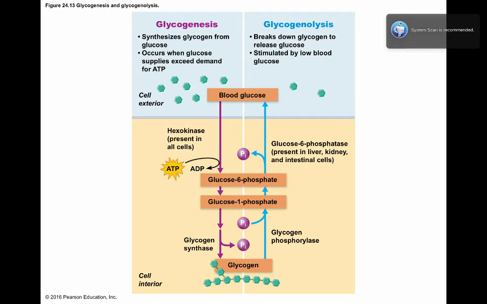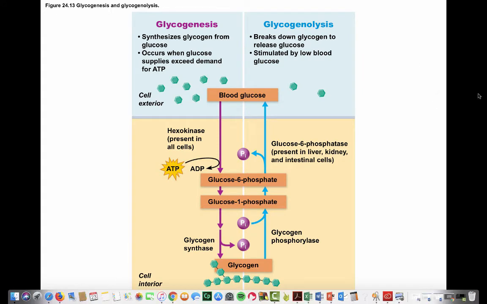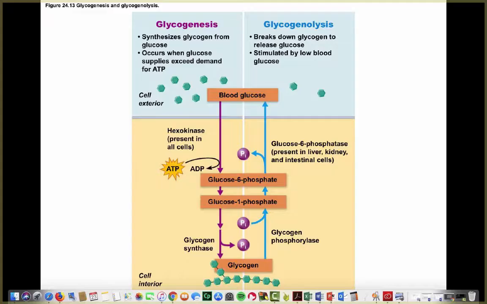So to kind of look at some of these things again, here's when we're talking about where does glucose come from in order to start glycolysis in the cell. And so you can see the two major aspects here is glycogenesis and glycogenolysis.